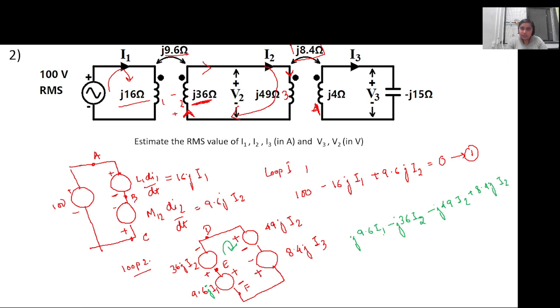So this equation contains terms between I1, I2 and I3. We can write one in terms of the others.